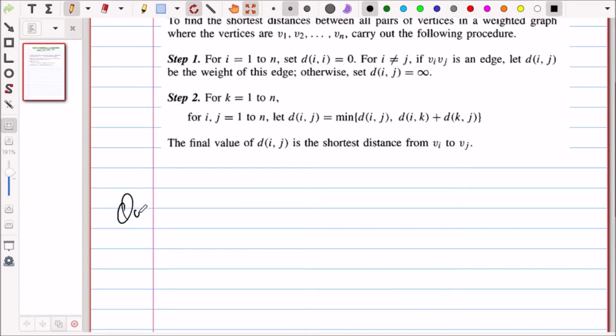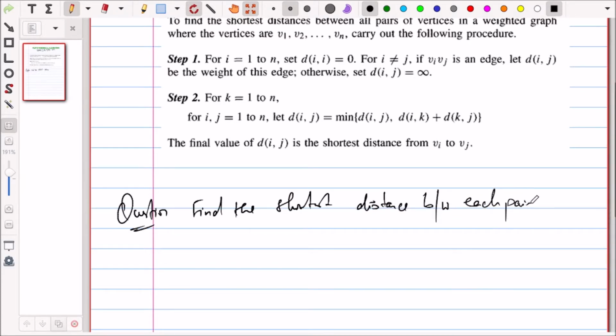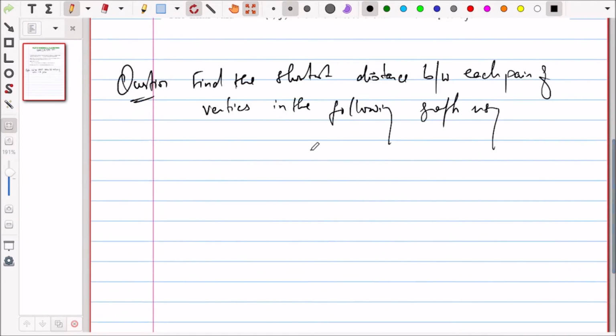Question: find the shortest distance between each pair of vertices in the following graph using the Floyd Warshall algorithm.